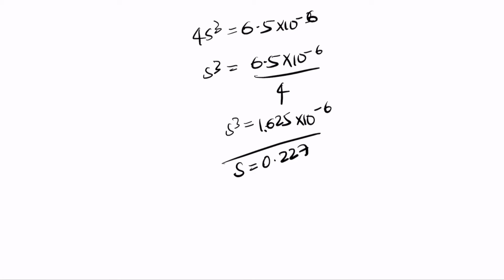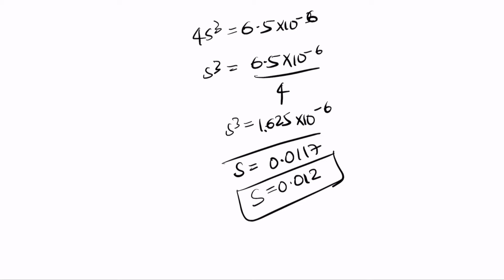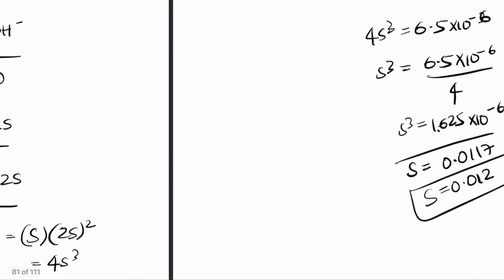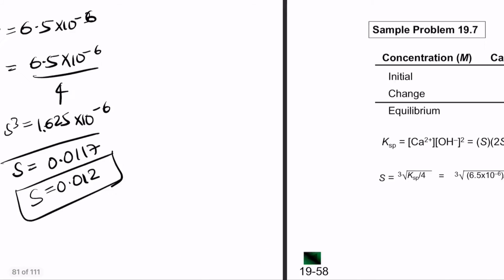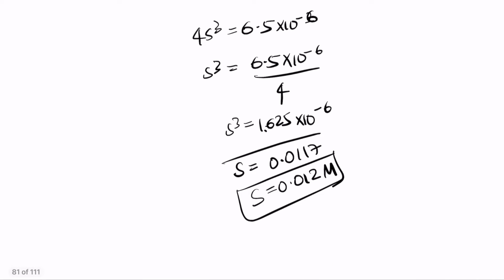I'm sorry, this value is 0.0117, which can be written as 0.012, which is the solubility value of the actual salt that is given, which is Ca(OH)2. So that solubility is 0.012 M.